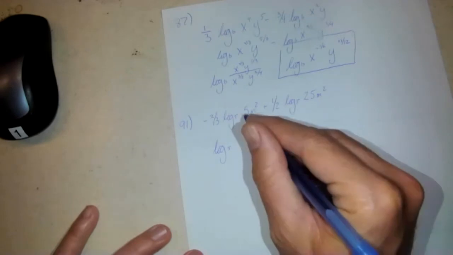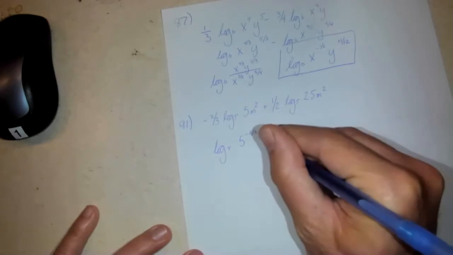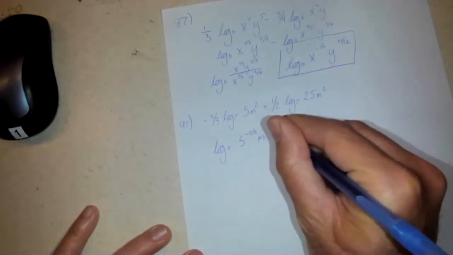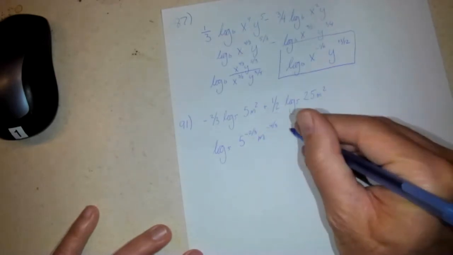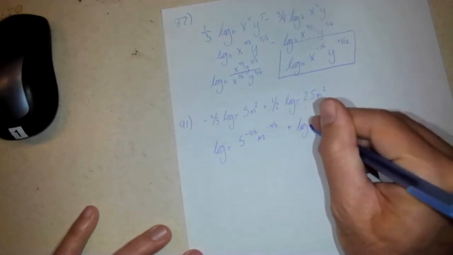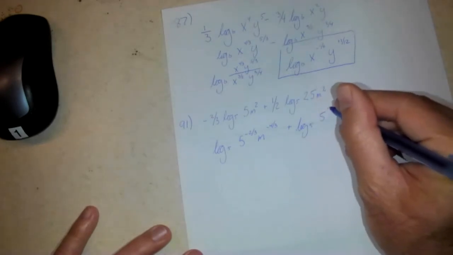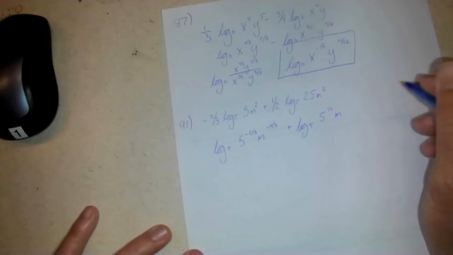So the log base 5 of 5 to the negative 2/3, m to the negative 4/3, plus the log base 5 of 5 to the 1/2 m.